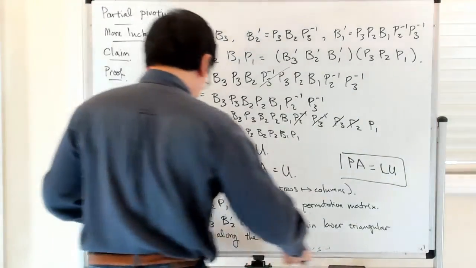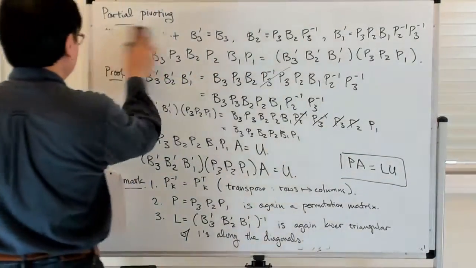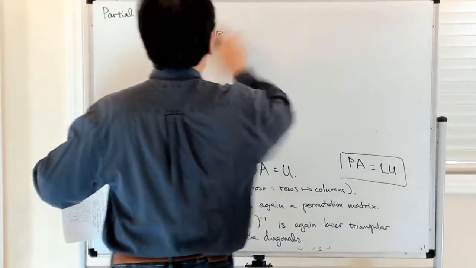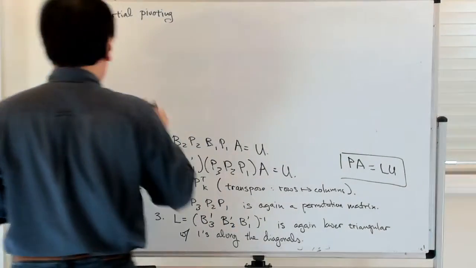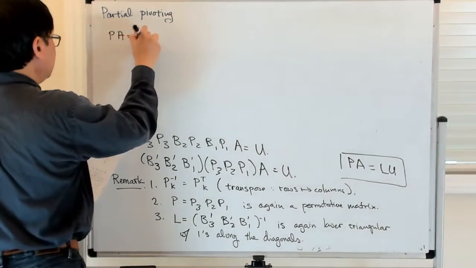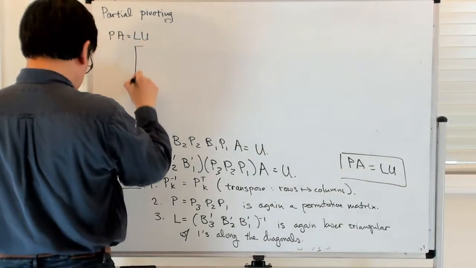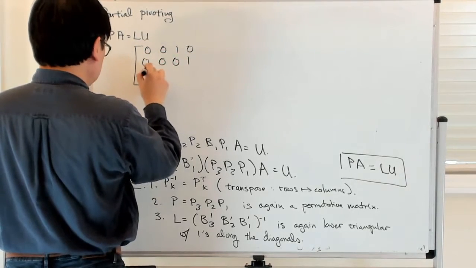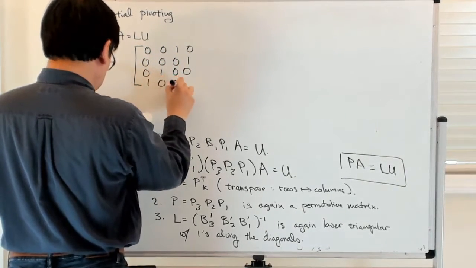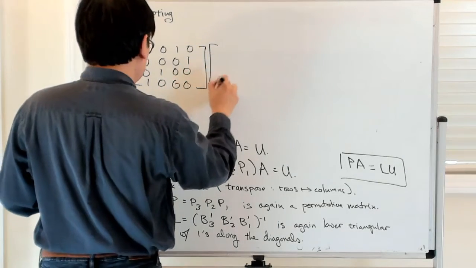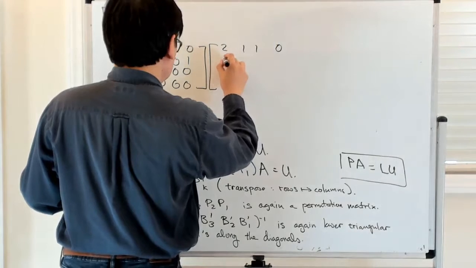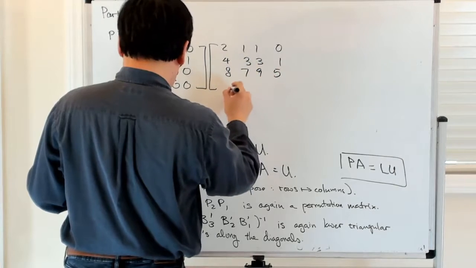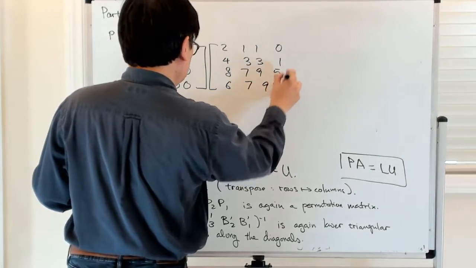And in the context of the matrix which we were working on before, let me just write down what all those entries end up looking like. So PA is equal to LU. The permutation matrix looks like 0, 0, 1, 0, 0, 0, 0, 1, 0, 1, 0, 0, 1, 0, 0, 0 times A, which is 2, 1, 1, 0, 4, 3, 3, 1, 8, 7, 9, 5, 6, 7, 9, 8.